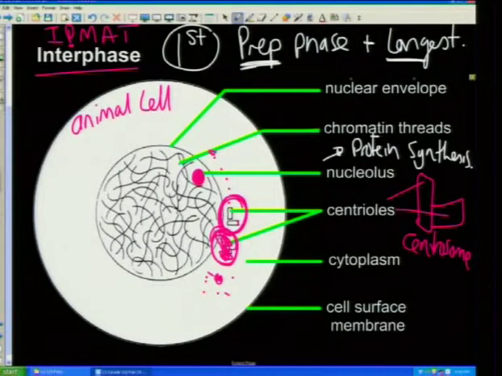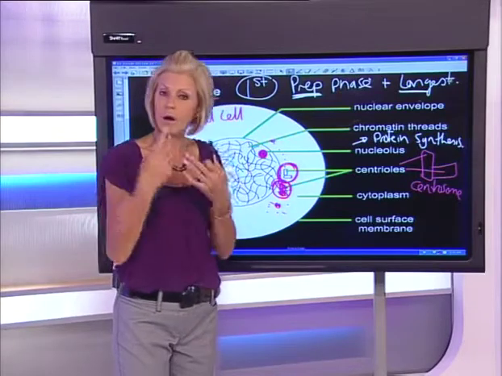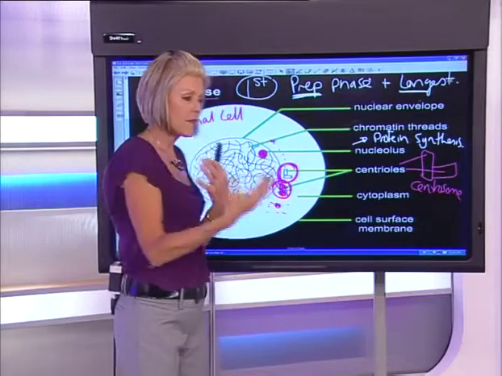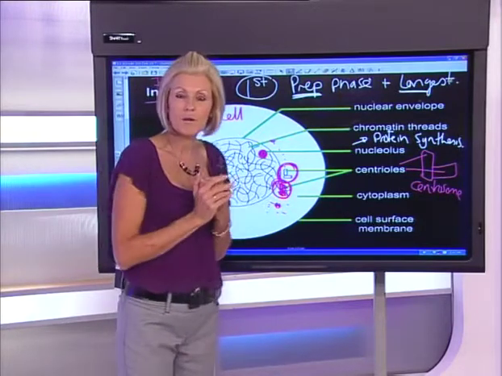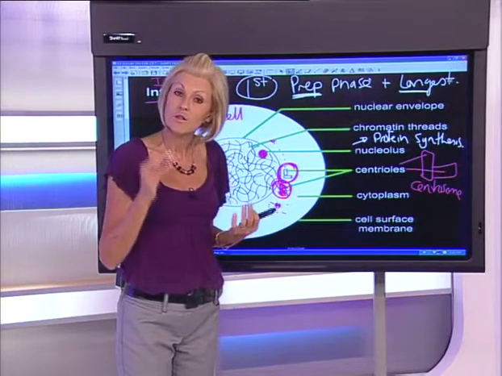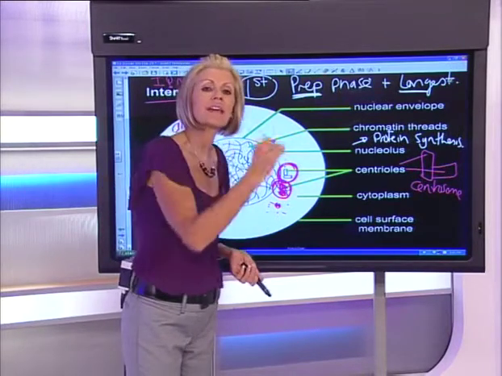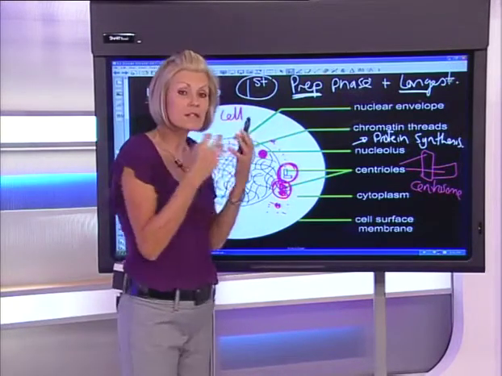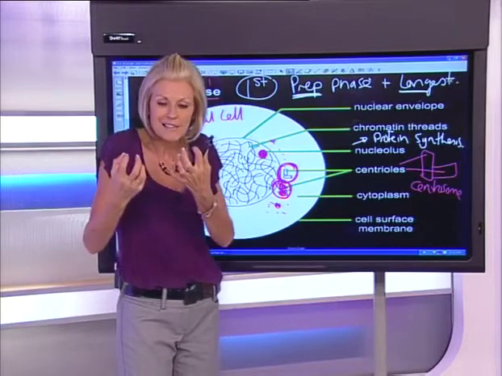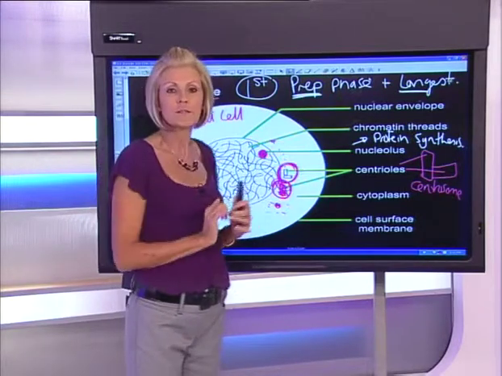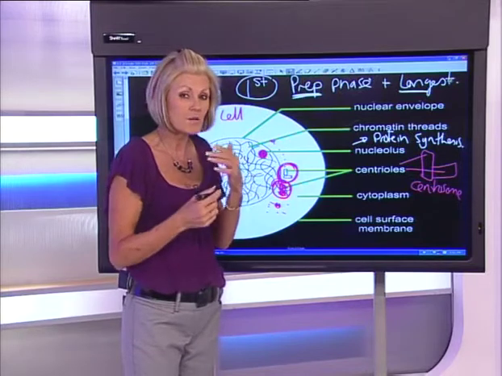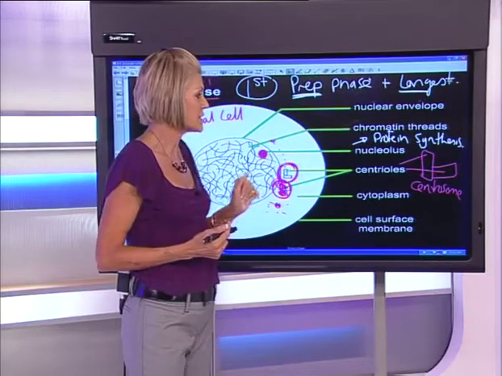Why? Because the nucleolus makes sure that the little ribosomes are made, okay? And that the RNA is where it's supposed to be and is being produced so that protein synthesis can take place. So the nucleolus literally provides the tools for protein synthesis to take place. So that's why we say it's important for protein synthesis.